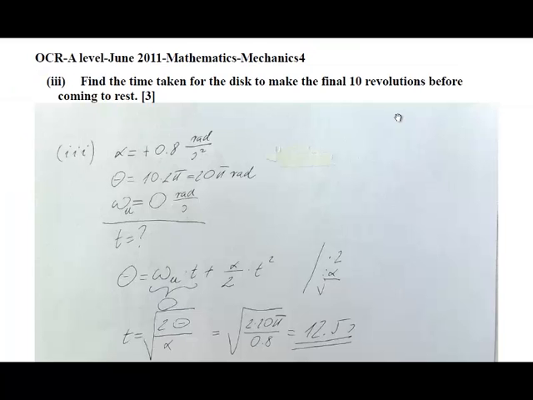Find the time taken for the disk to make the final 10 revolutions before coming to rest. So theta is equal to 10 times 2 times pi. One revolution is 2 times pi.